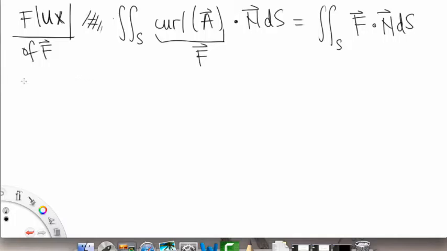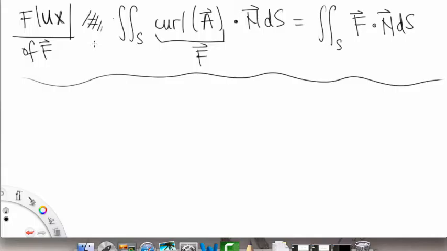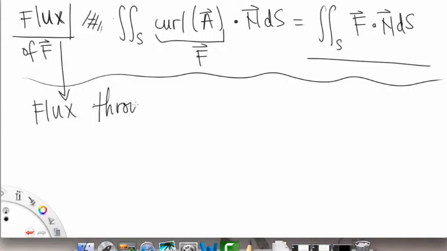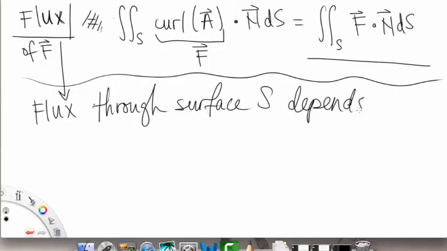And what we found on the previous slide about the line integral over the boundary being surface independent means that the flux through surface S depends only on the oriented boundary.